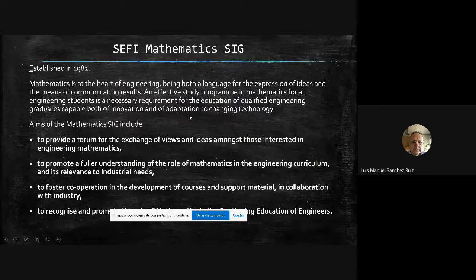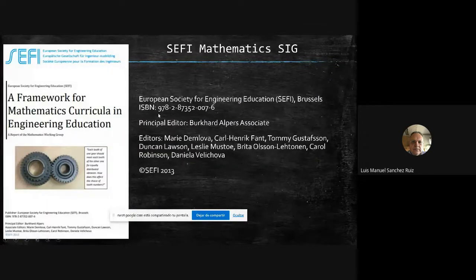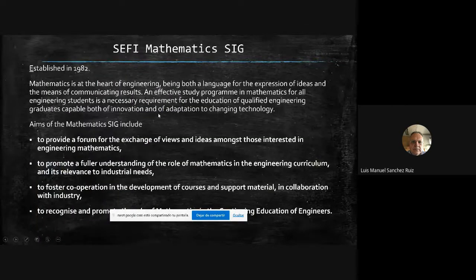of continuing to become more specialized, or just going to professional work, where technology is changing, so they need to handle mathematics to be capable of changing technology and updating to new software and technologies.